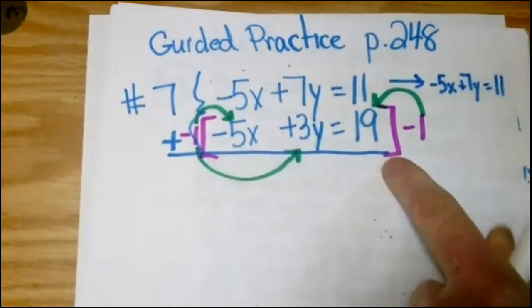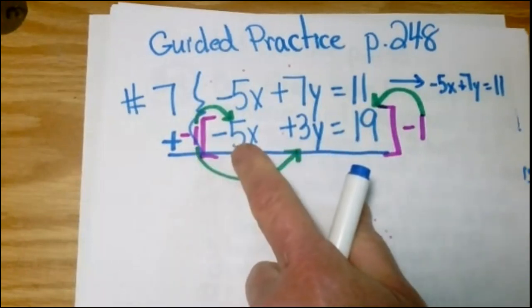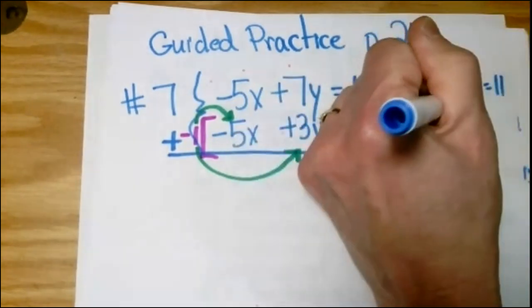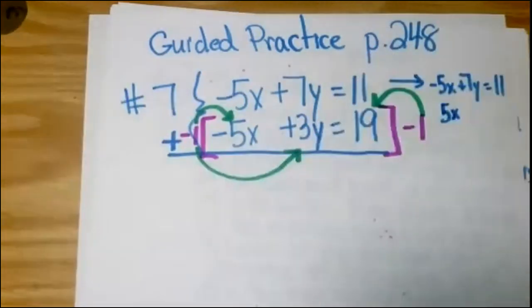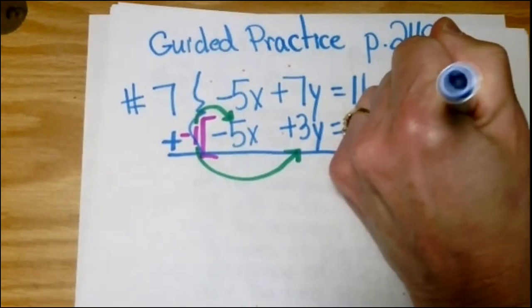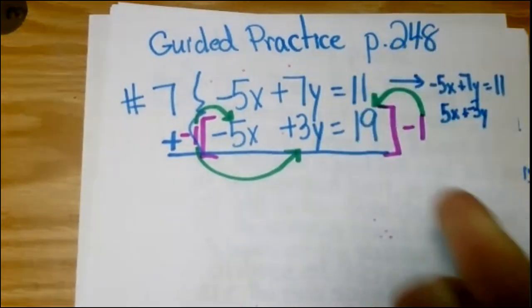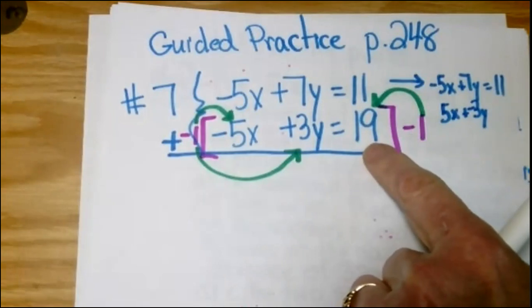But now on this equation, let's see what happens. -1 times the -5x. That's right, it's going to be a positive 5x. -1 times 3y. That's going to be a negative 3y. And a -1 times 19.